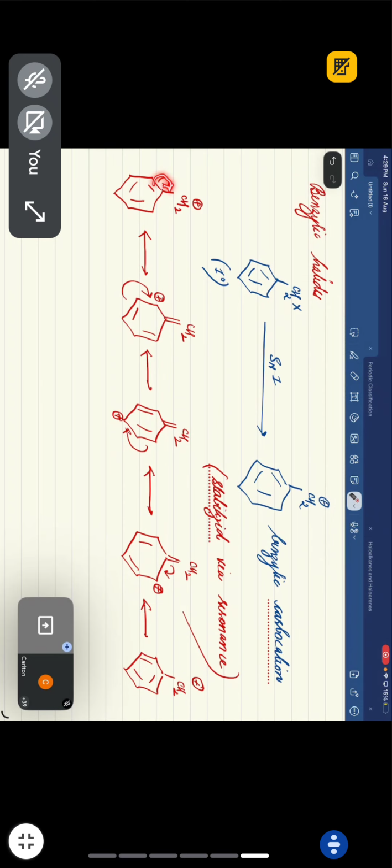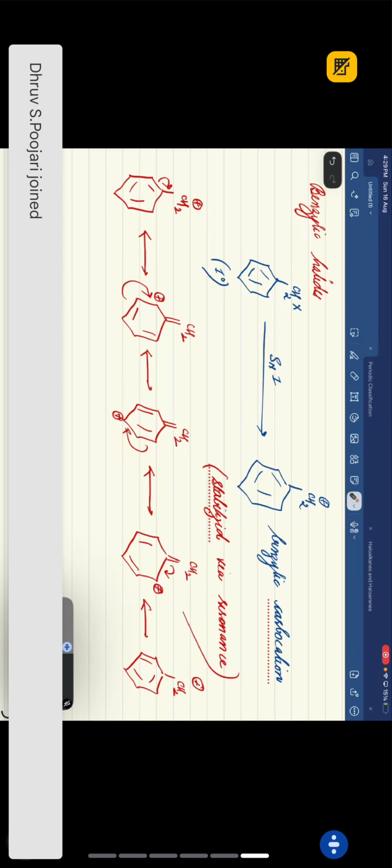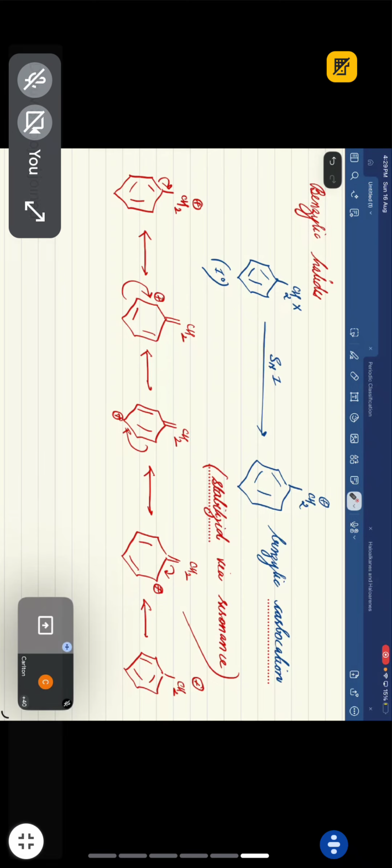Benzene will pull the electron. When benzene electrons go towards CH2, you will end up getting a positive charge. CH2 plus has lost a bond, so it would rather gain electrons than lose them. So it is pulling electrons from the benzene ring. Any doubts?